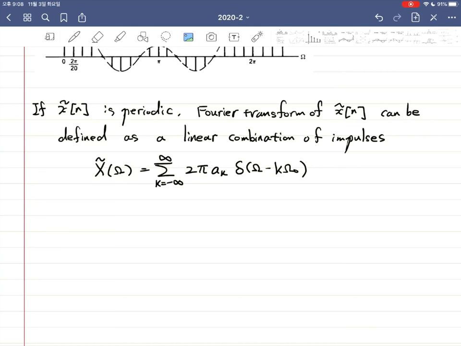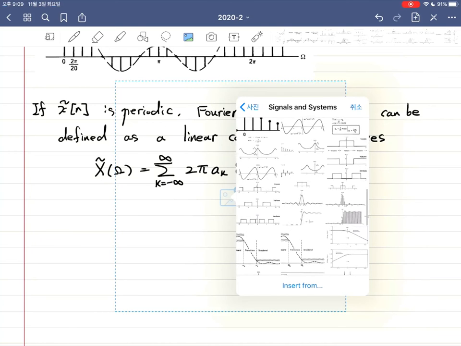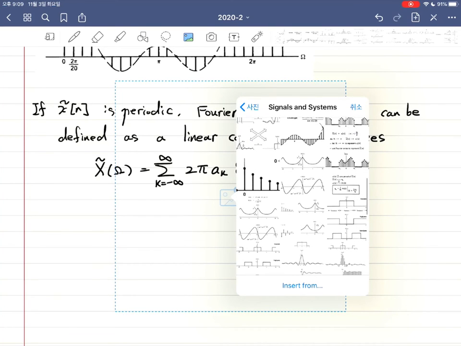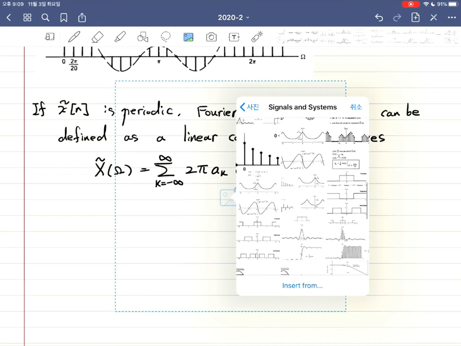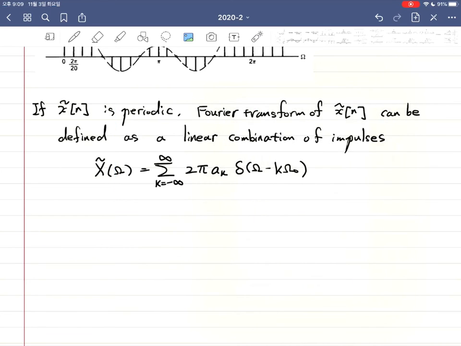I'm not sure why I haven't, I think I forgot to include this figure. Okay, so I'm just gonna draw it by myself.